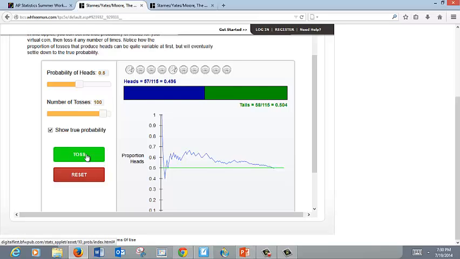Let's do it again 100 more times. When we're talking about probability, it's the short term that we're unsure of, but the long term does settle down to the true probability and is quite predictable.